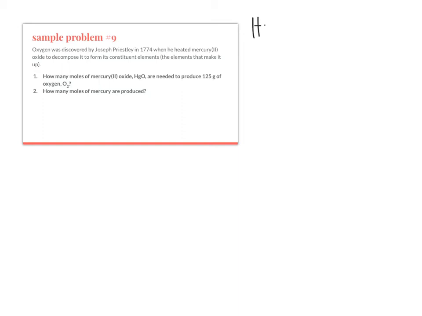Mercury is Hg, and it tells us it's mercury 2, so we know it's 2 plus. And then oxide, or oxygen, is 2 minus. We crisscross and get HgO. That's mercury oxide. Yields, so what are the 2 elements that make up mercury oxide?